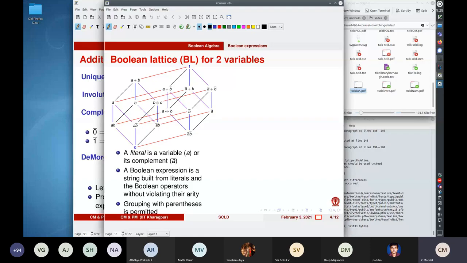And you can have grouping. So such an expression is a well-formed or syntactically correct formula. You must have heard of the term well-formed formula. A well-formed formula is simply an expression which is constructed using the rules of forming the expressions.